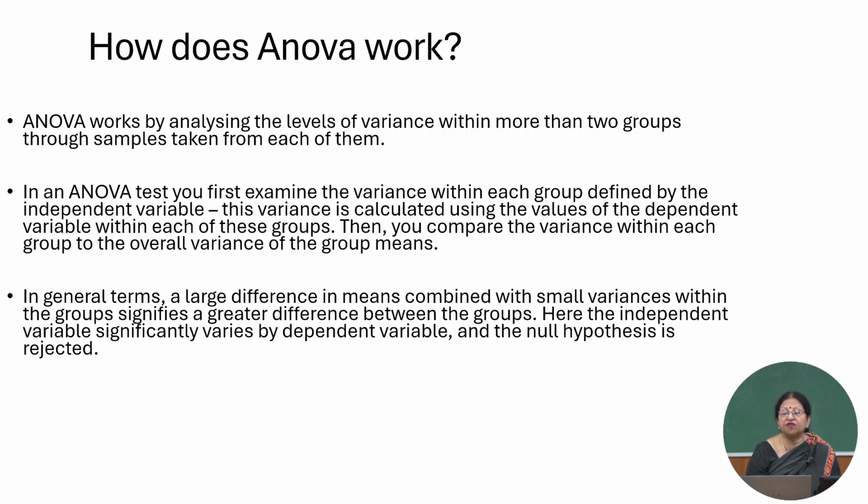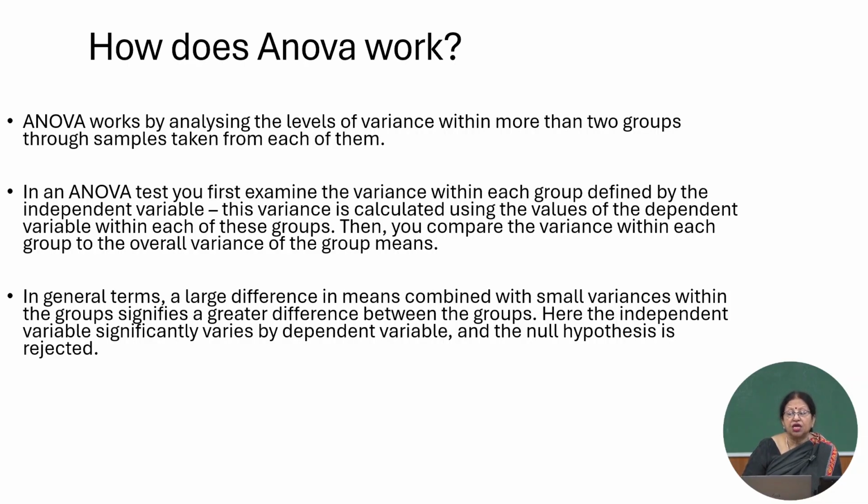Then you compare the variance within each group to the overall variance of the group's mean. So first you take independent, then you take dependent, then you try to see, put together, whether it is inclining towards independent or towards dependent. That is what it means.